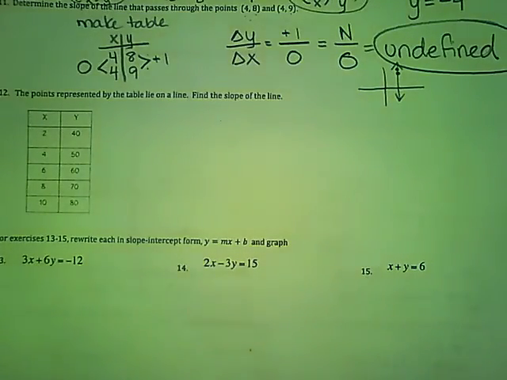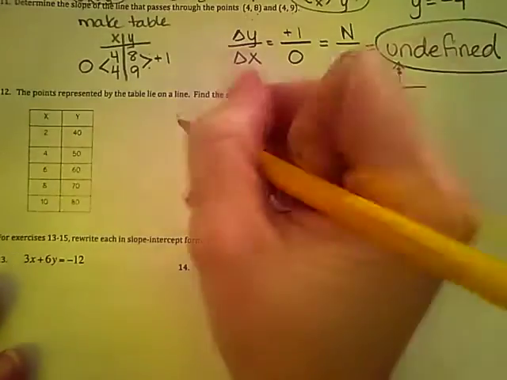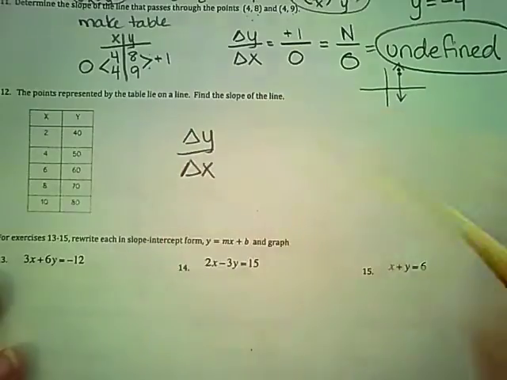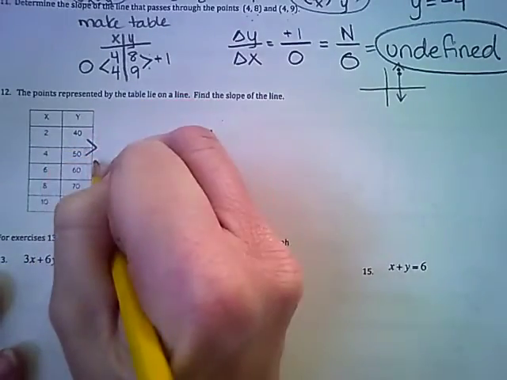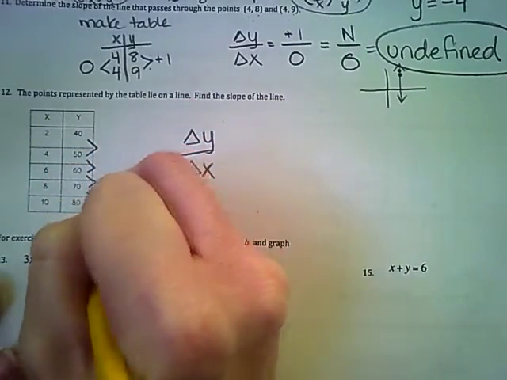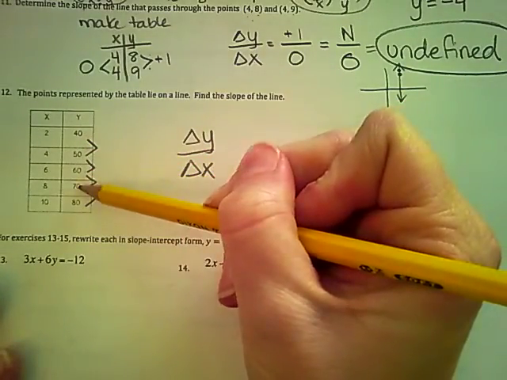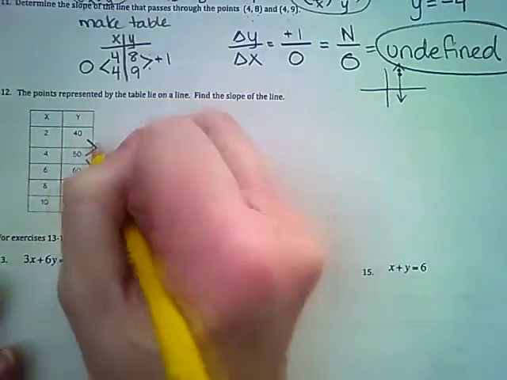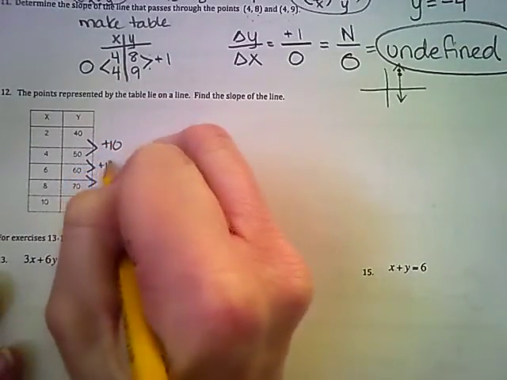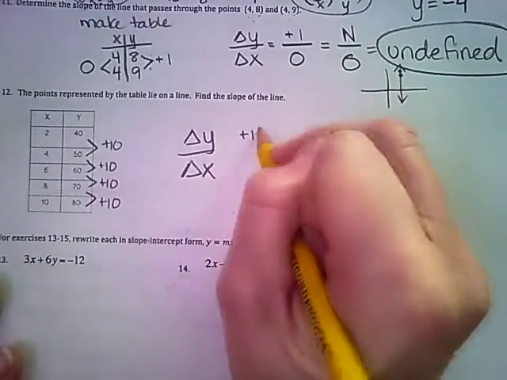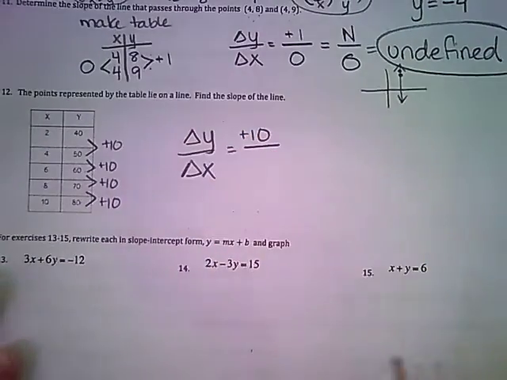Number 12, the points represented by the table lie on a line. Find the slope of the line. Again, when you have a table, just find your change in y over change in x. What is your change in y values in this table? How do I go from a 40 to a 50 to a 60 to a 70 to an 80? Add 10, add 10, add 10, add 10. So your change in y is 10.